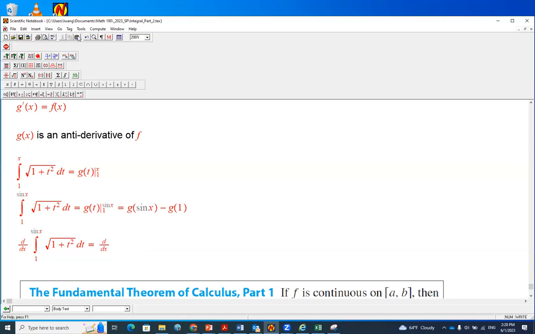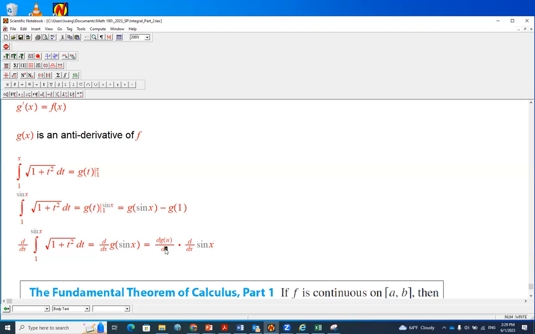It's a composition. So taking derivative of this piece is the same as taking derivative of the other piece, G of sine x. And then we're going to use the chain rule. So G of u, take the derivative of G of u, and then du dx, and u is sine x.